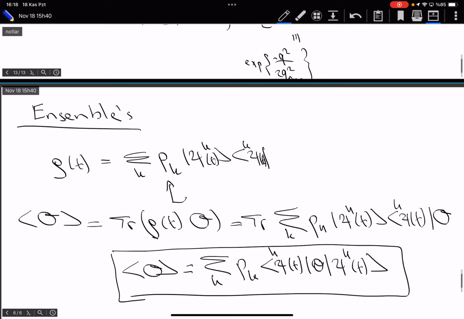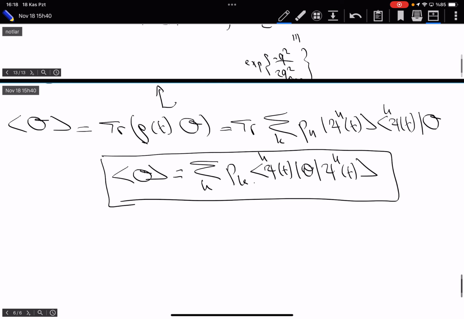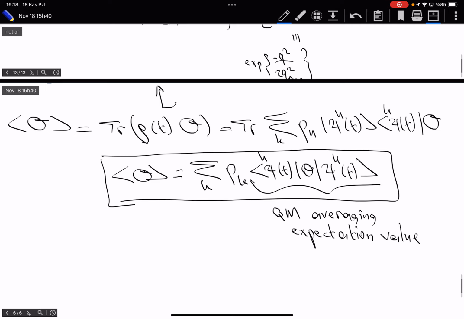One thing you should pay attention to here. This is the quantum mechanical averaging, or expectation value. This is the ensemble averaging.